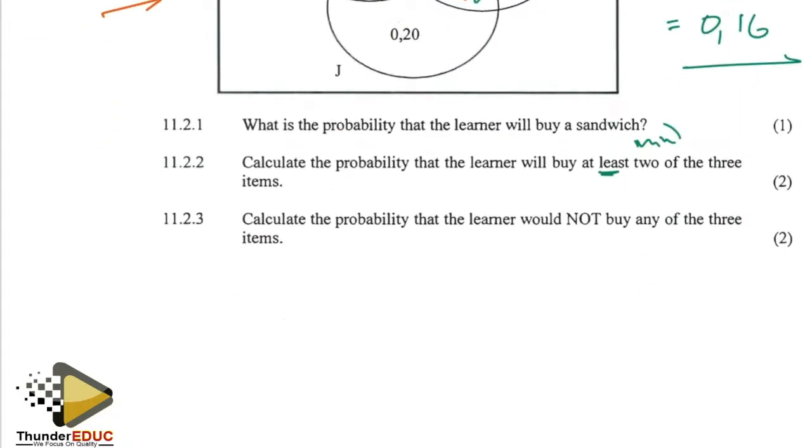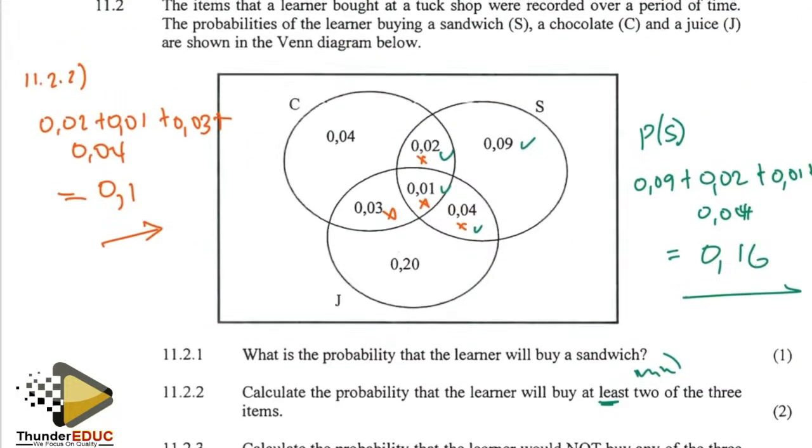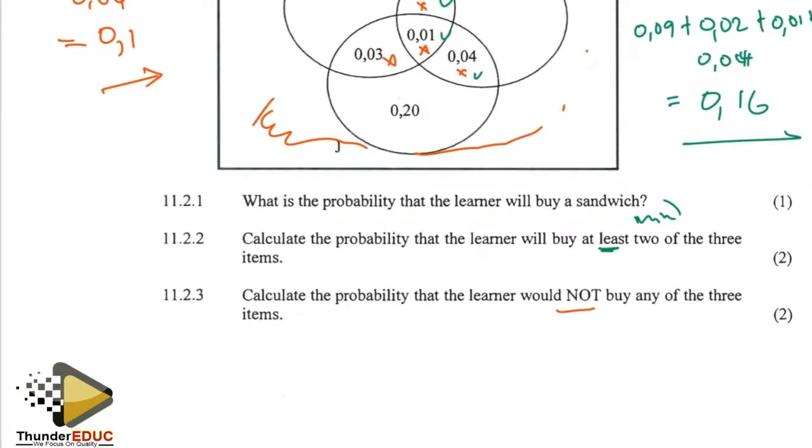Then 11.2.3. The probability that the learner would not buy any of the 3 items. Any of the 3, which means they want us to look for what is left outside here. So you need to add up everything inside. Or we can just look at the sandwich, which is 0.16, and then you add this, you add that, and then you subtract from 1.